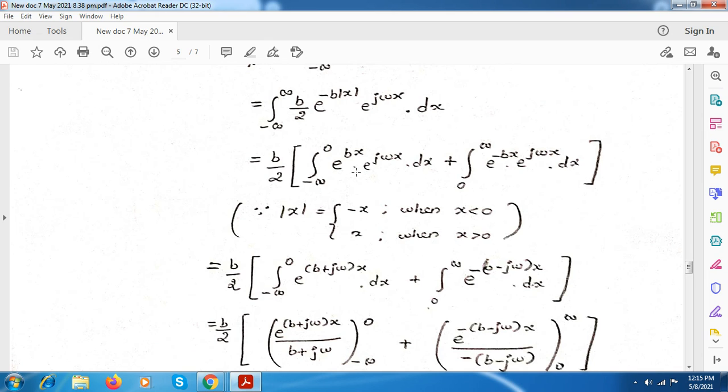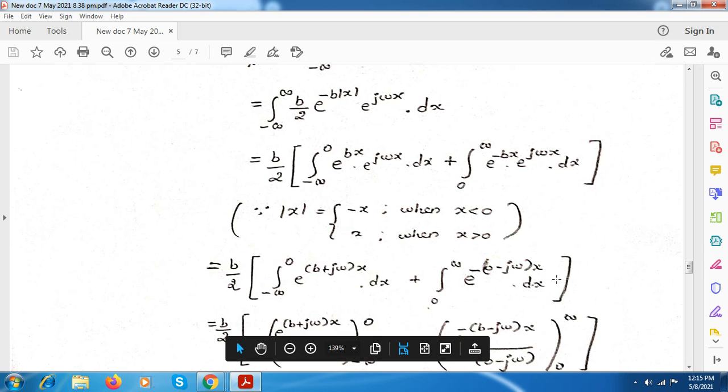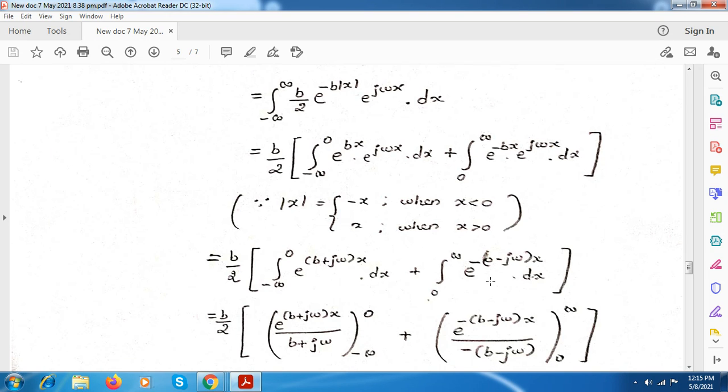Then you take this base as same, and the common term is kept. Then you have to integrate these terms. Here minus is also taken as common. So this will be minus of b minus j omega x.